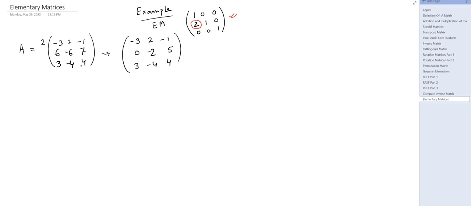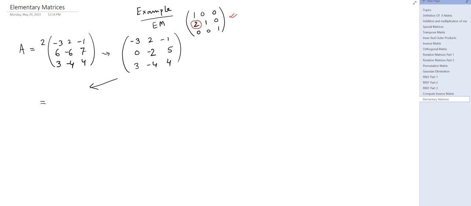Okay, now what I'm trying to say here is that after this first step I want to write this as an elementary matrix.